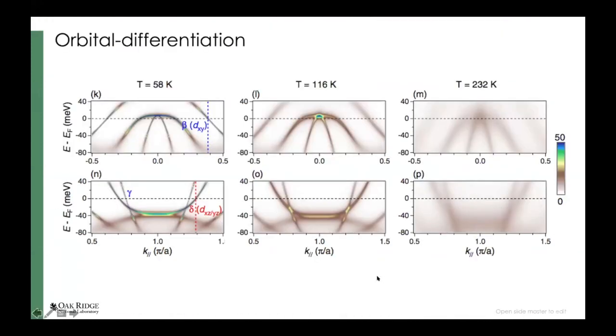So if we make a direct comparison, here is the DMFT calculation. So you see the beta band and the delta band as a function of temperature. And you see for the beta band at high temperature, you barely see the single particle spectral function. But for the delta band, you still see the intensity.